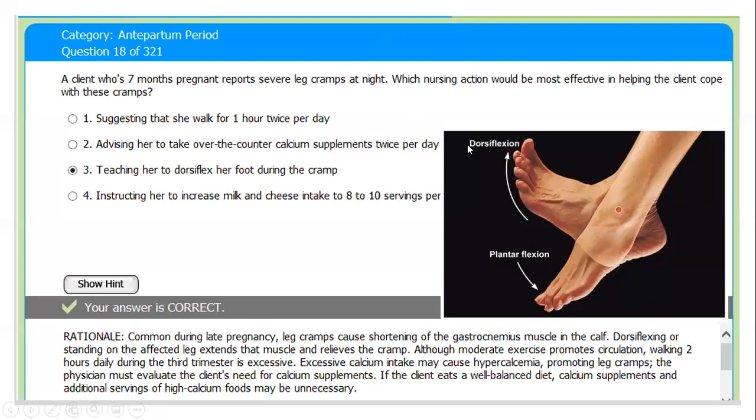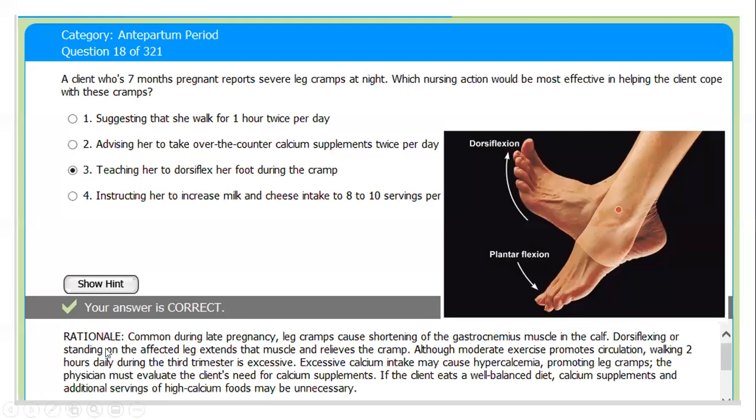The main difference between dorsiflexion and plantar flexion: dorsiflexion is the action which decreases the angle between the leg and the dorsum of the foot, whereas plantar flexion is the action which decreases the angle between the back of the leg and the sole of the foot.